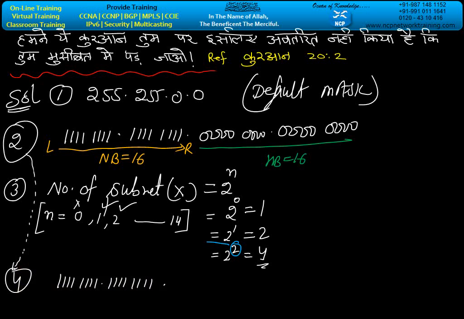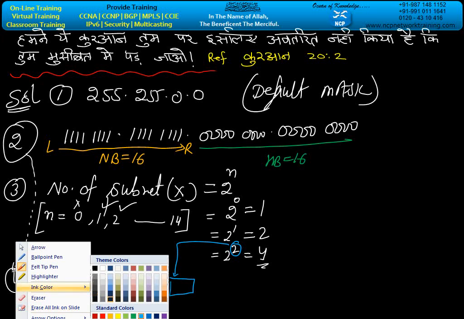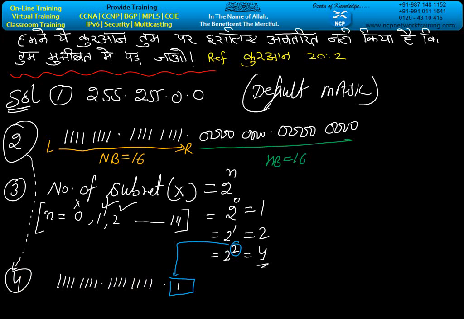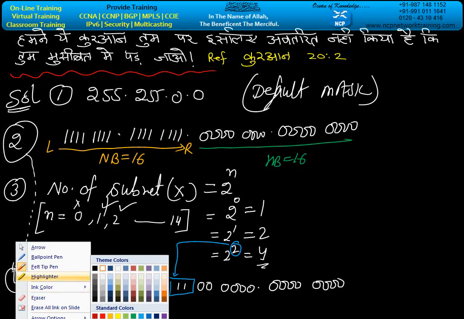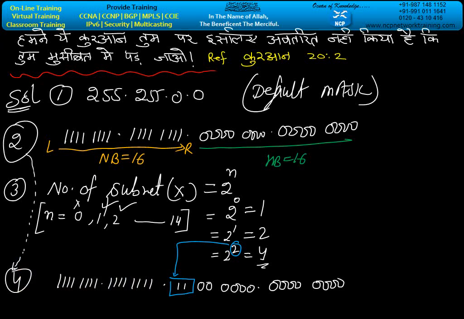That's why in case of the third octet, we will turn on 2 bits from the third octet, and the rest of the bits of the third octet will be 0, and the fourth octet bits will be 0. So in case of class B, subnetting will affect the third octet, while in case of class C, subnetting will affect the fourth octet.